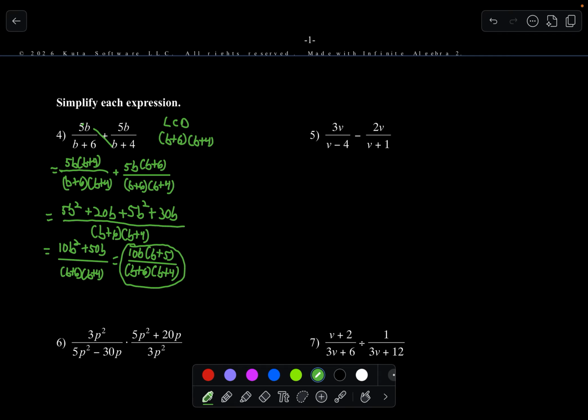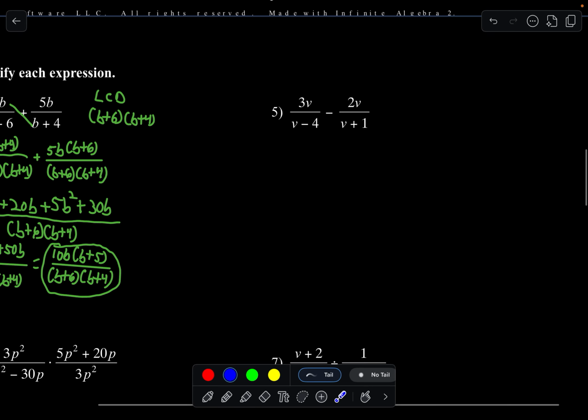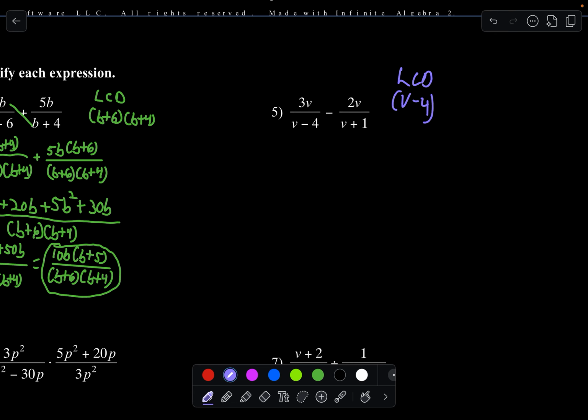It's the same idea, but now it's subtraction, which makes it slightly harder because you have to remember you're subtracting, not adding. So the LCD would be v minus 4, v plus 1. All right?